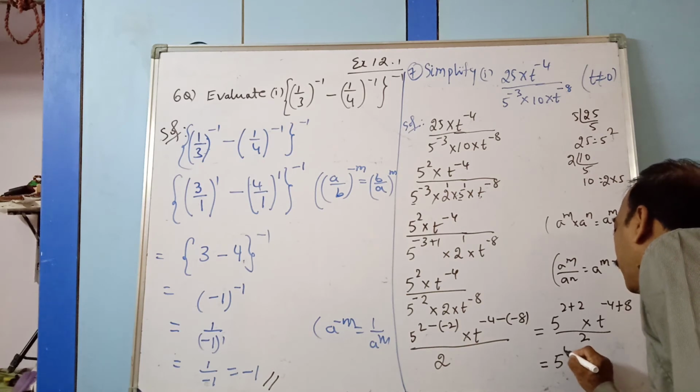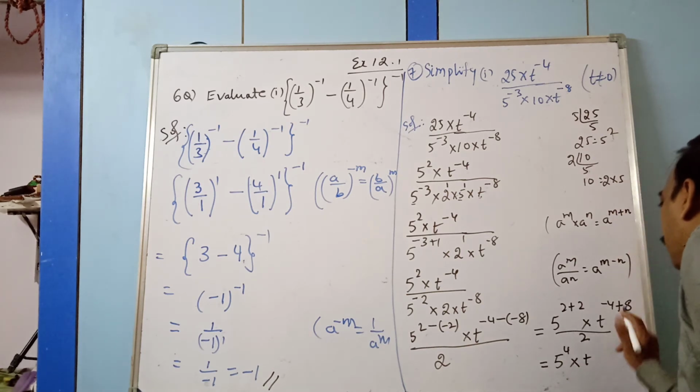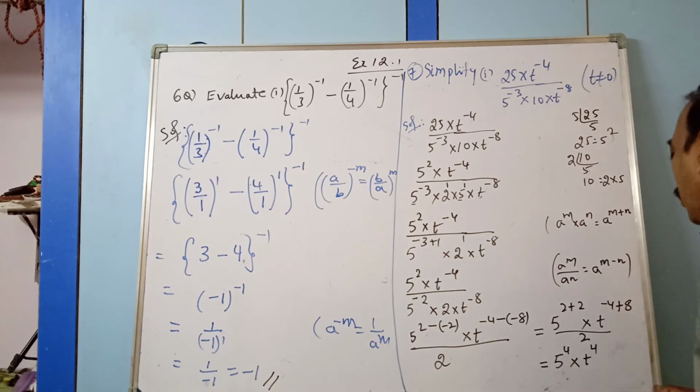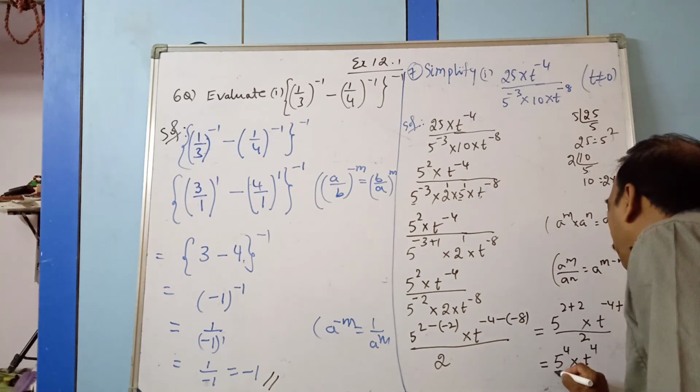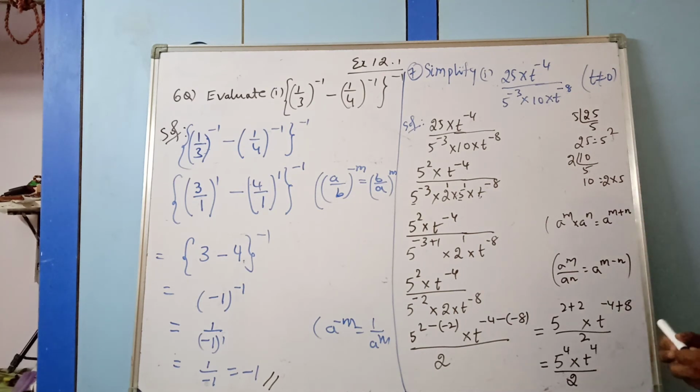So 5 to the power 4 into t to the power minus 4 plus 8, again this is 4 by 2. 5 to the power 4 into t to the power 4 by 2.